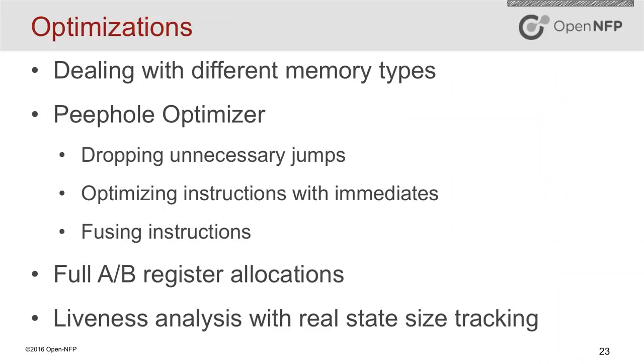So a few words about optimizations which we have done or are planning to do during the translation. First of all, the NFP has a much richer memory architecture than standard x86 or standard server CPUs.